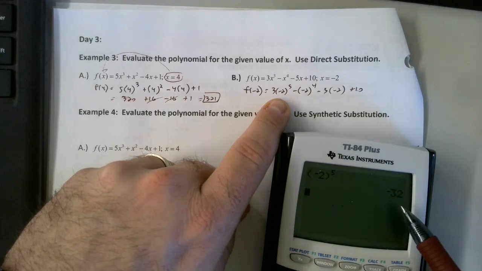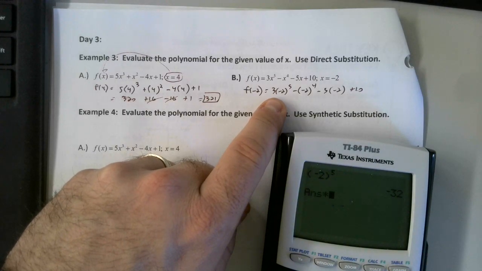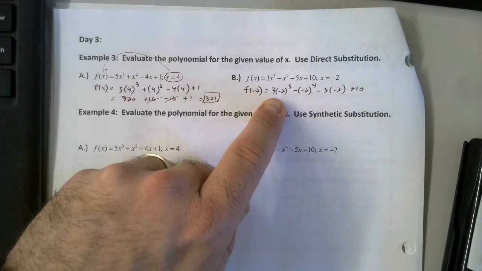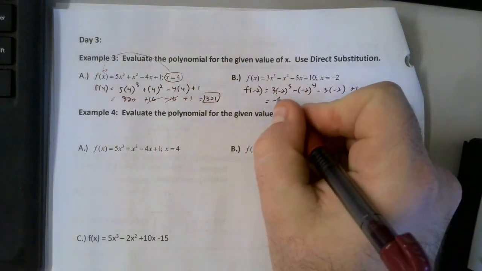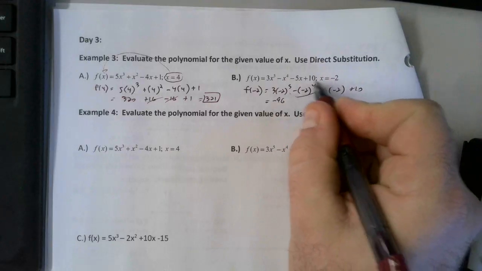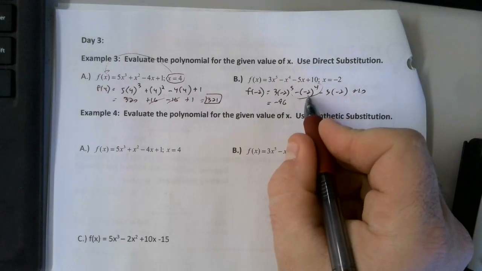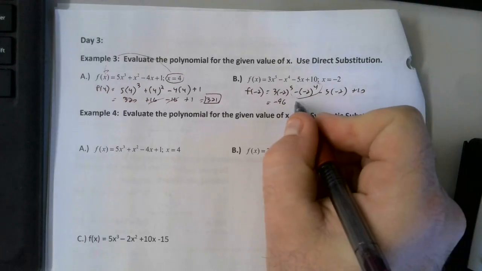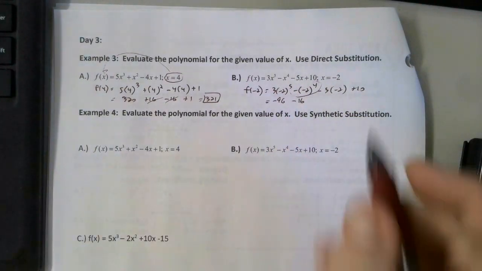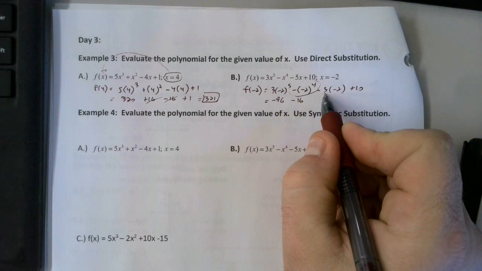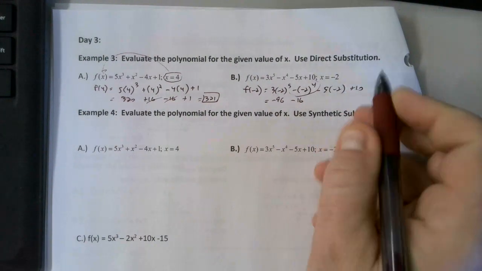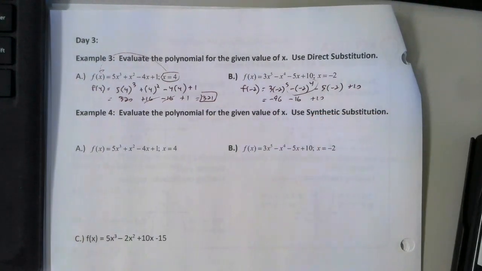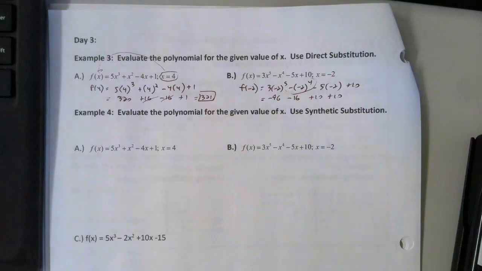So that's -32 times 3 out front. That's -96. This next piece would be -2 to the fourth first. That's 16. Put the negative out front. It's -16. Then you get -5 times -2, which is +10, plus the 10 at the end.